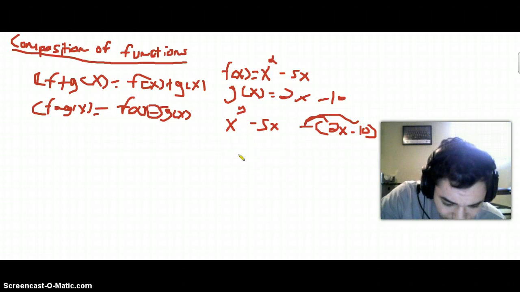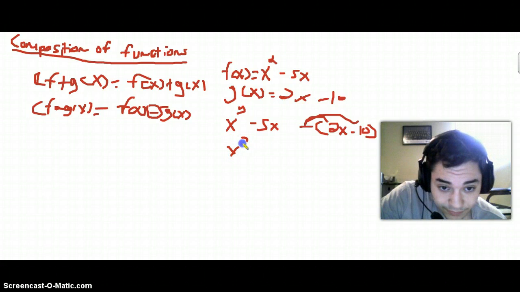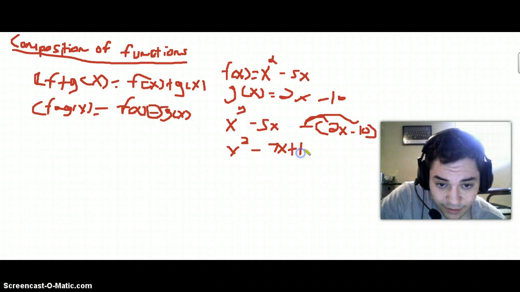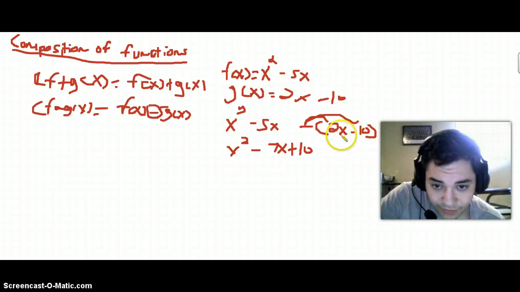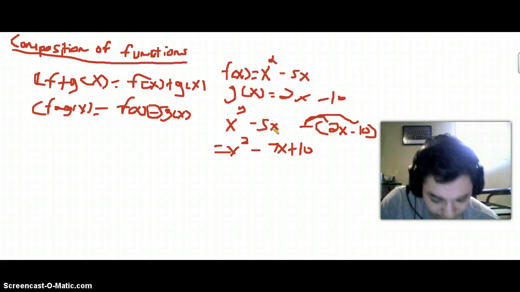So from there, we will get x squared minus 7x plus 10, because we distribute the negative sign, and our next step is just to combine like terms. And combining like terms, you should know it by now, so I'm not going to go over that.